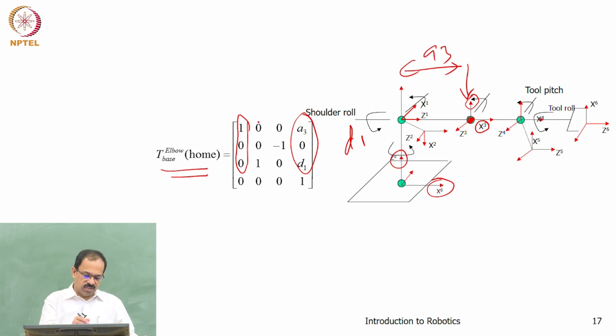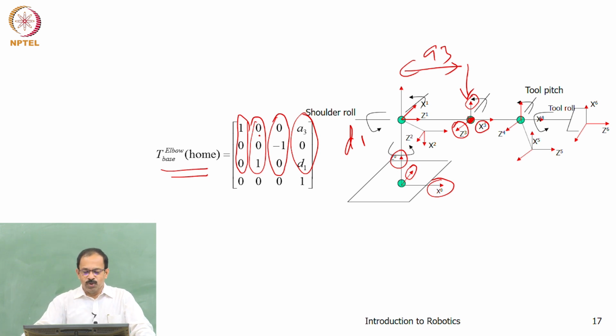Okay, so this is 0, 0, 1 here, because y is aligned along the z axis. And then you will see that z3, that is the z axis of the elbow, is opposite to the y of the origin. Therefore, you will get it as 0, minus 1, 0.